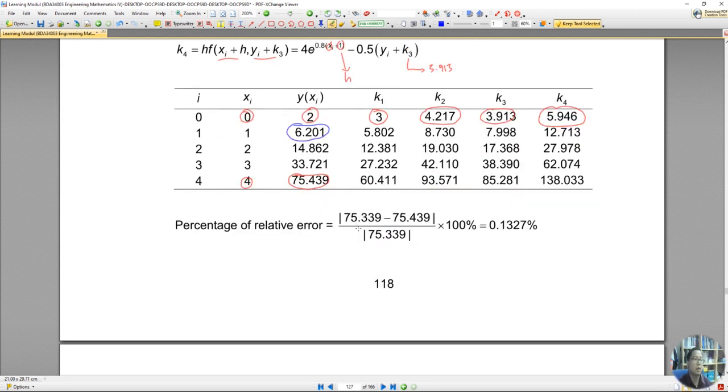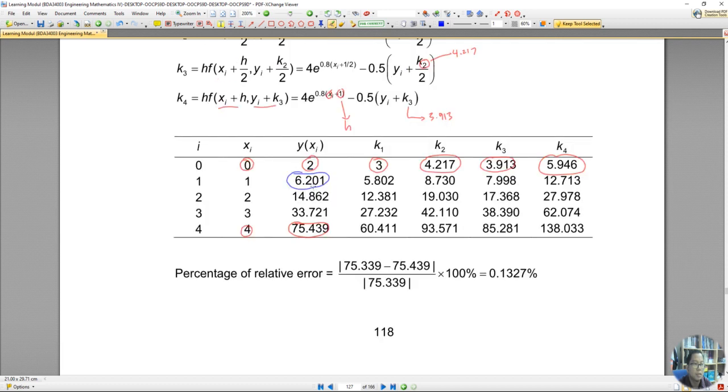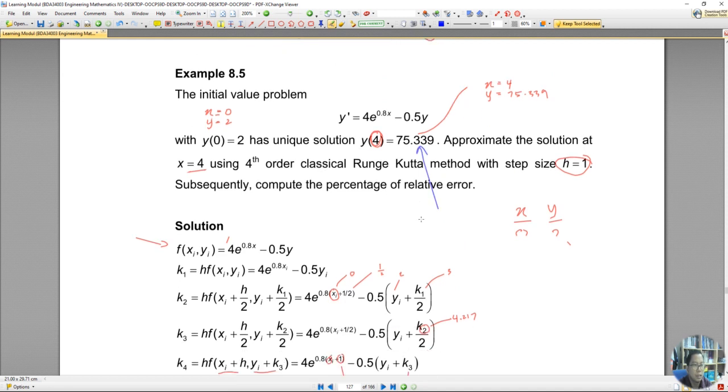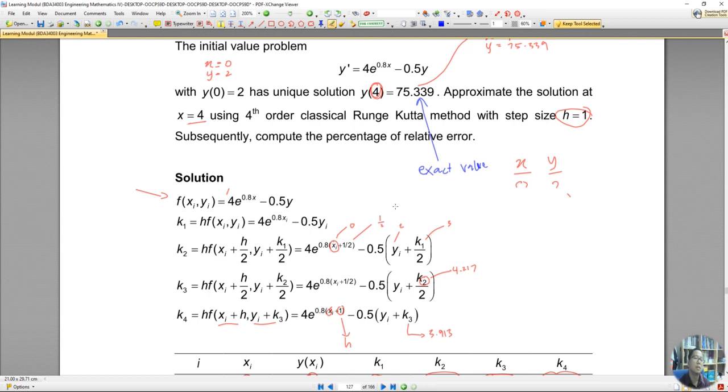In order to identify the percentage of relative error, you have to take the exact value minus the approximate. The exact value is 75.339 as given in here. So this is considered the exact value; you are not going to calculate anymore.